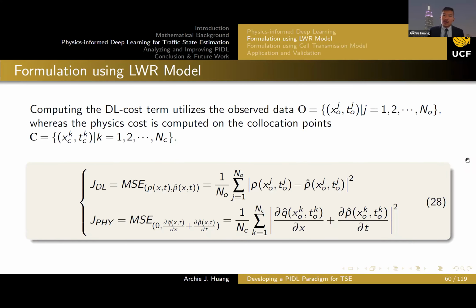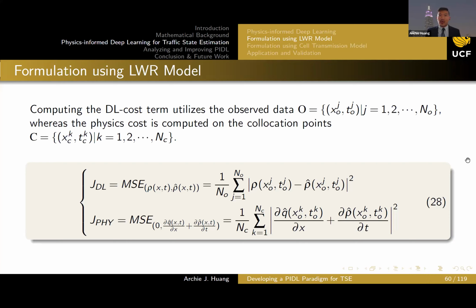Here, equation 28 shows, in the traffic state estimation setting, what the JDL and JPHY will look like. Here we already encode the LWR equation into the JPHY cost term.